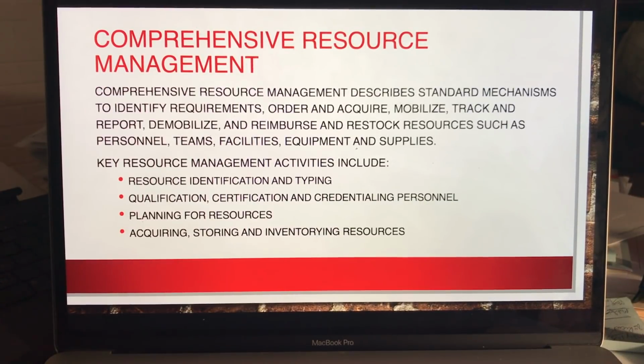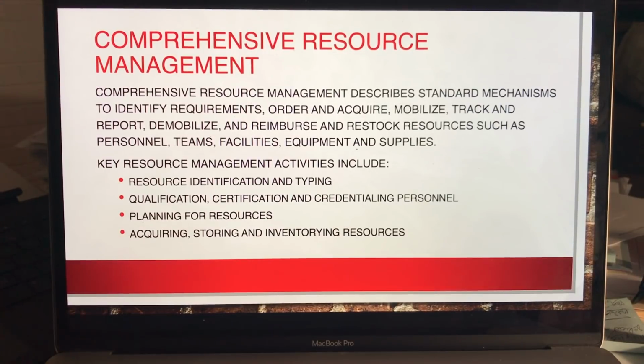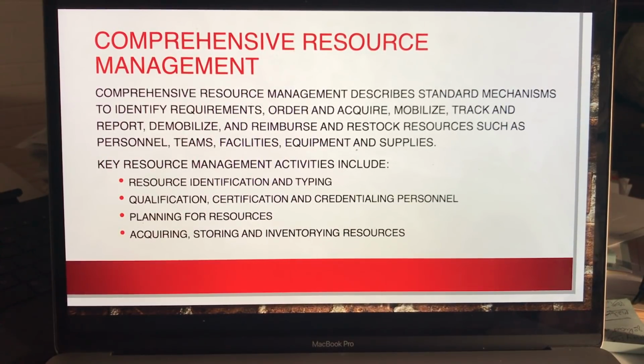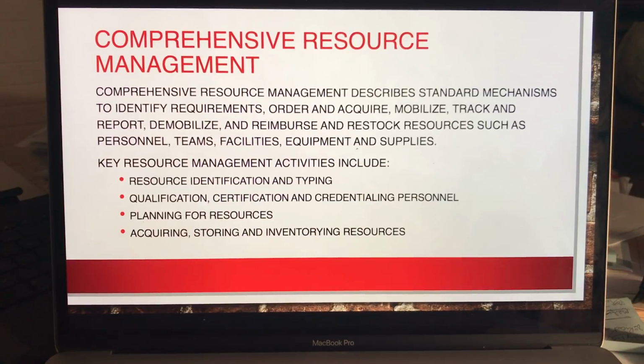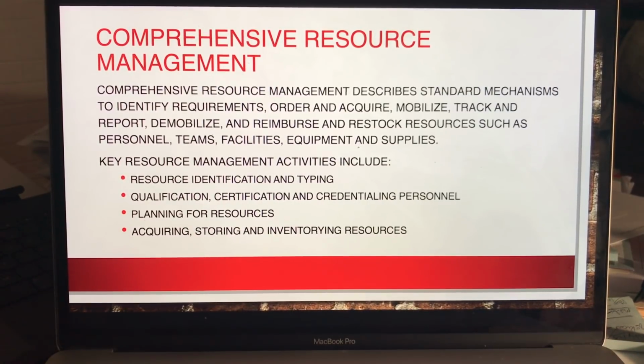Comprehensive resource management. Comprehensive resource management describes standard mechanisms to identify requirements, order and acquire, mobilize, track, report, demobilize, and reimburse and restock resources such as personnel, teams, facilities, equipment, and supplies.